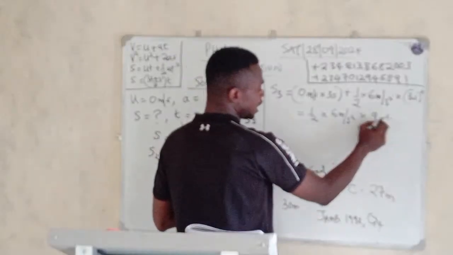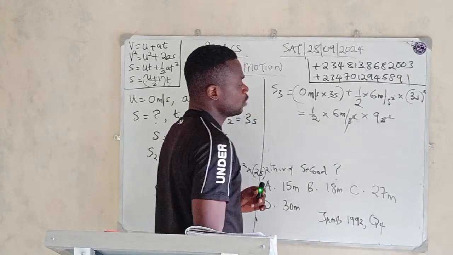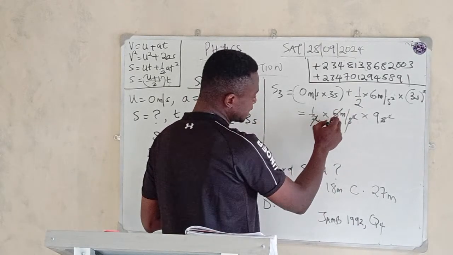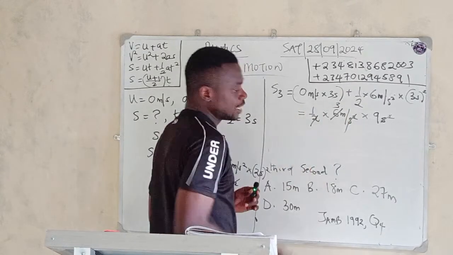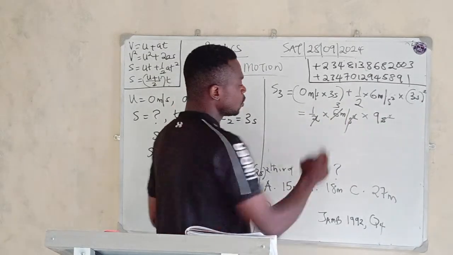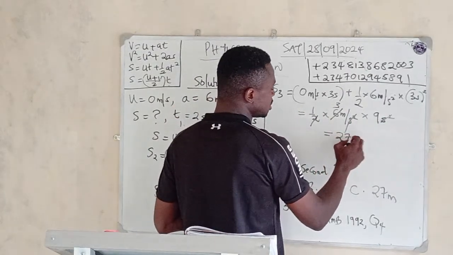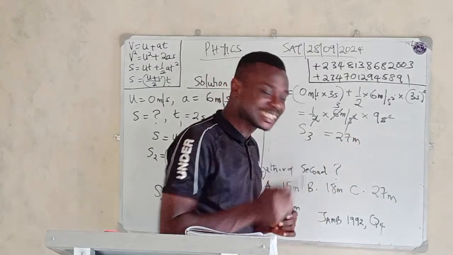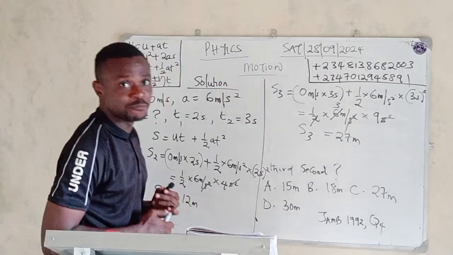The seconds squared cancel, and we're left with 6 meters. This 2 will divide 6 meters, and we're left with 3 meters. 3 meters times 9 is 27 meters. So the distance covered in 3 seconds is 27 meters.